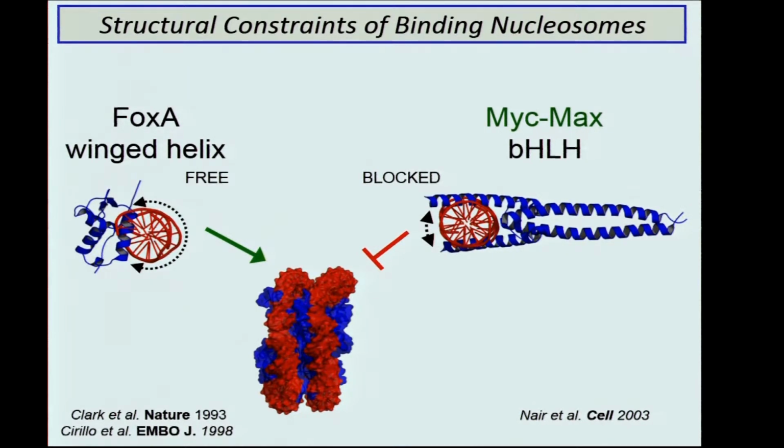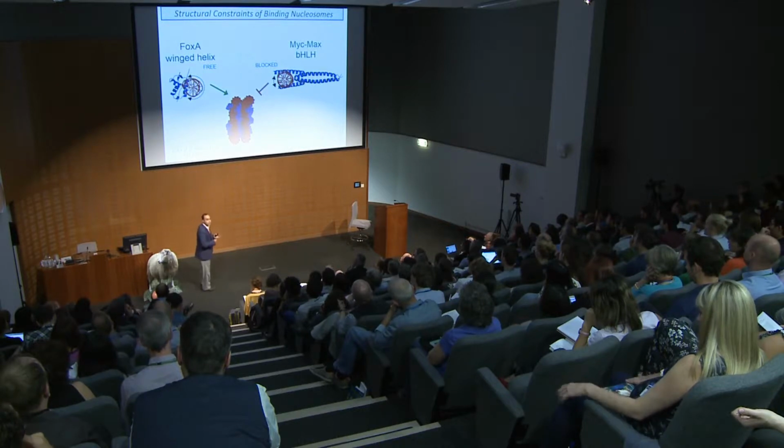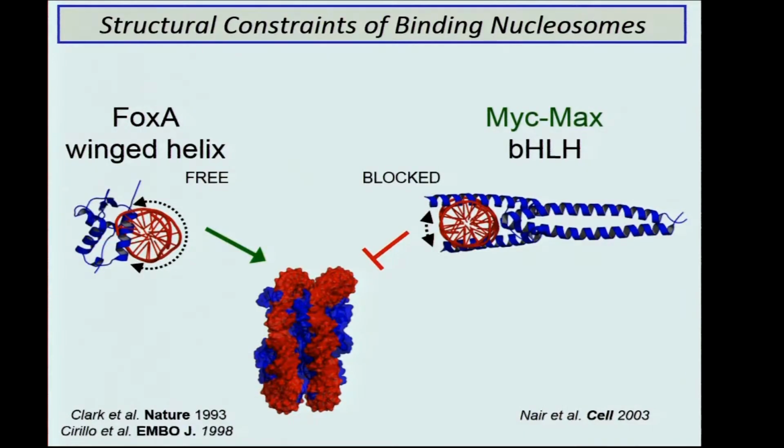That means it only needs to occupy a portion of the DNA helix, leaving the rest free so it can easily dock on the nucleosome, even when the DNA is wrapped around. The majority of transcription factors, such as MYC, need to wrap around the whole DNA double helix in order to recognize their sequence, so that won't be compatible with the nucleosome state.